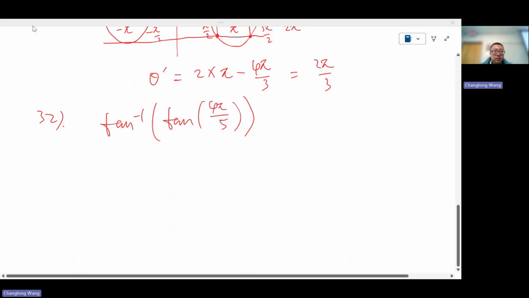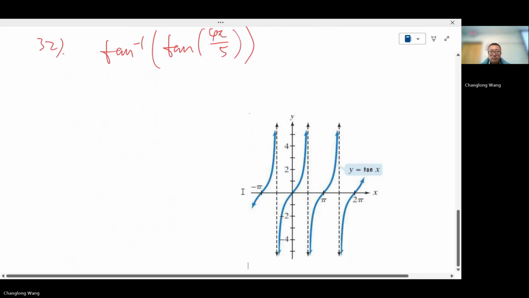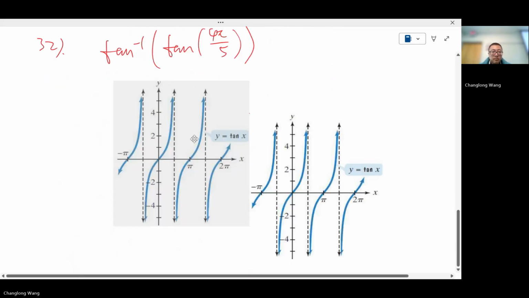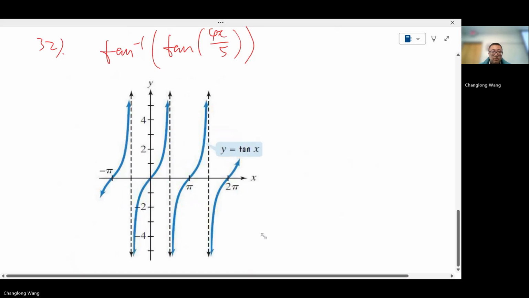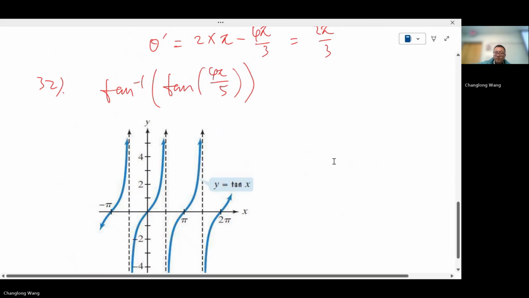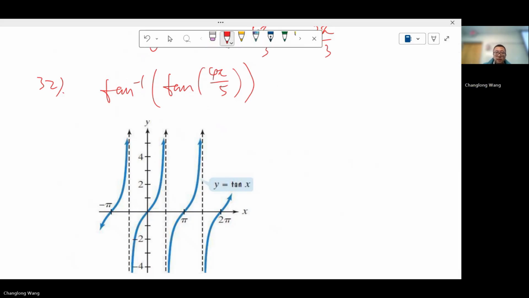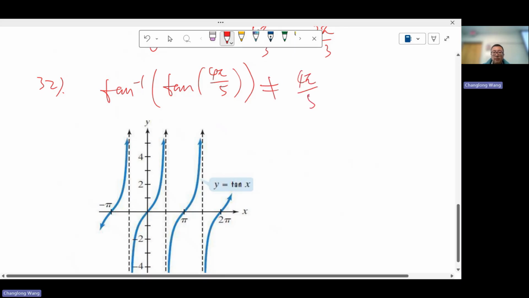Okay, so this is tangent. And again, this is not 4 pi over 5.